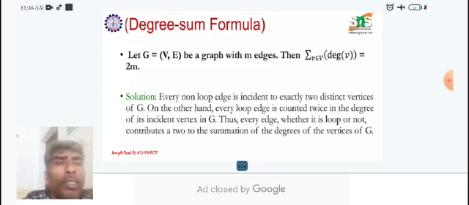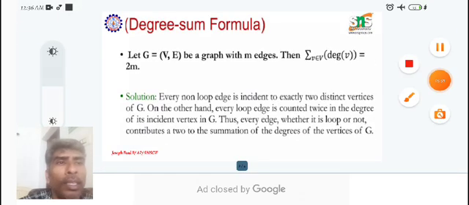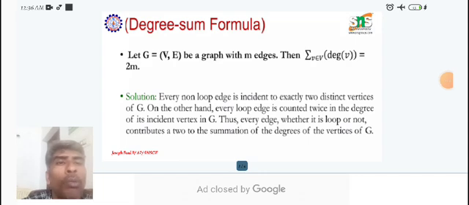Every non-loop edge is incident to exactly 2 distinct vertices of G. On the other hand, every loop is counted twice in the degree of its incident vertex in G. Thus every edge, whether a loop or not, contributes 2 to the sum of the degrees of the vertices of G. So the sum of the degrees is equal to twice the number of edges.